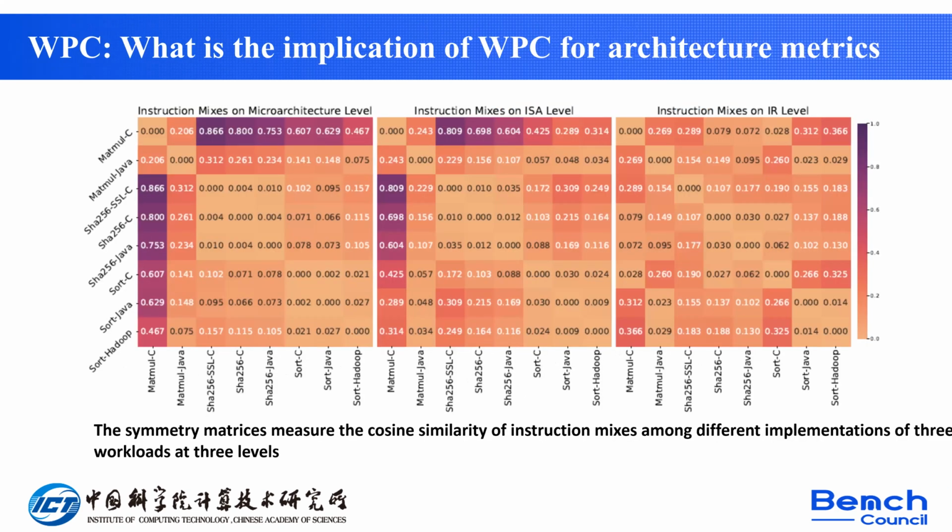We measure the instruction mix of C and Java implementation workloads at the three levels and compare their pairwise similarity. We have the following observations.